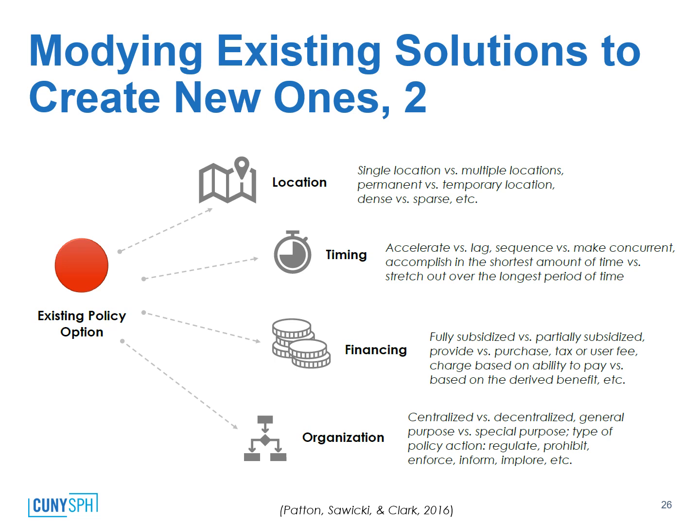We might change the timing, i.e. the pace or sequence, accelerating rollouts, staggering in phases, or extending the duration of a program. Then under financing, we might modify who pays and how much. And under organization, we would rethink administrative structure, such as centralizing under one agency or decentralizing to local governments.